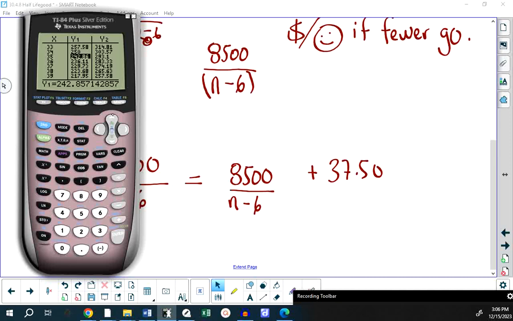Oh, okay. You know what I'd be tempted to do here, everybody, is I would be tempted to put in here the following. 8,500 over x minus 6 minus 8,500 over x.